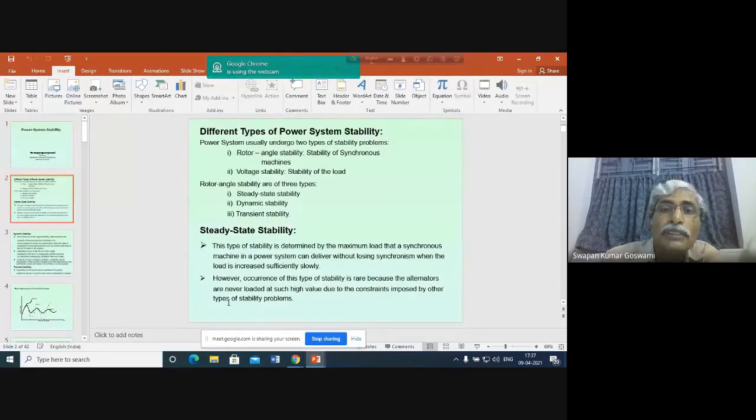So now, power system stability. What is power system stability?